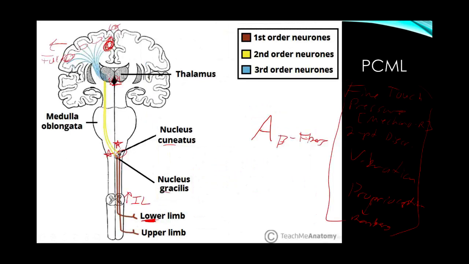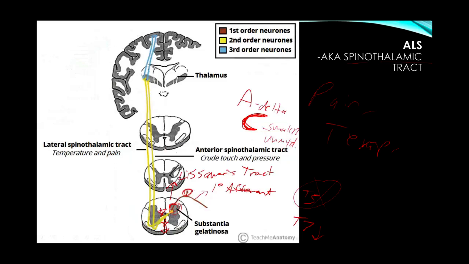Whereas, remember with the PCML pathway, the information doesn't cross over until you get all the way up in the medulla. But with ALS, the information crosses over in the spinal cord. The second order neurons in yellow will travel all the way up to the thalamus, VPL, ventral posterior lateral nucleus of the thalamus.